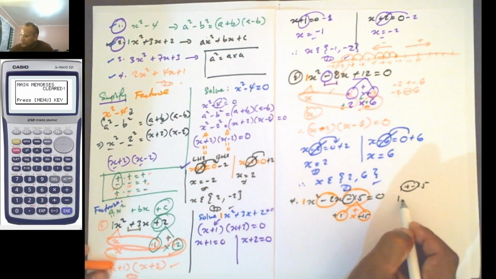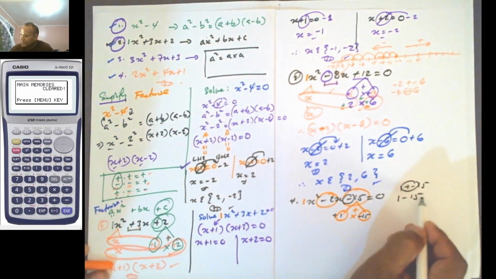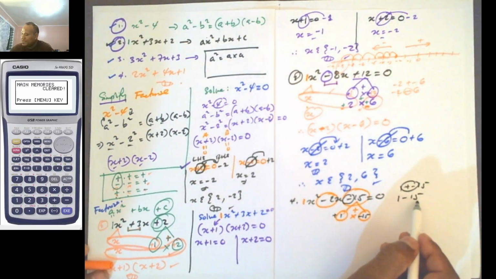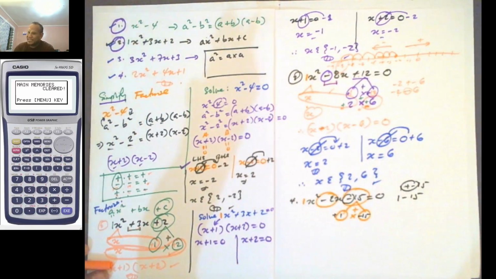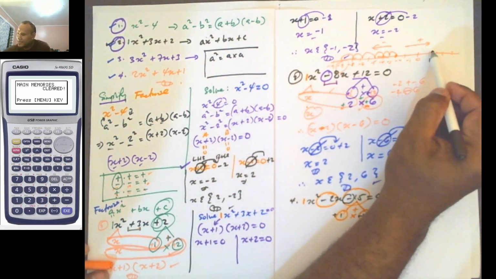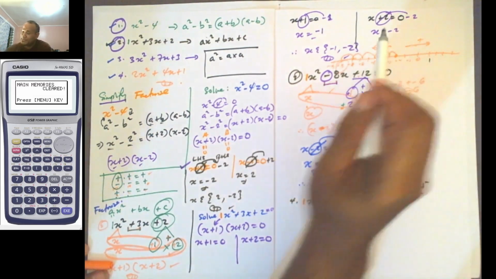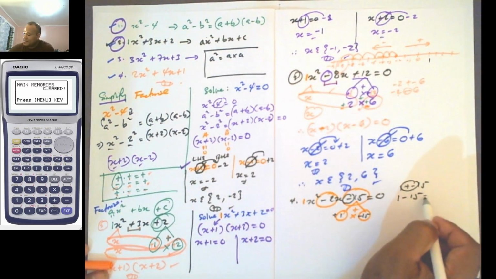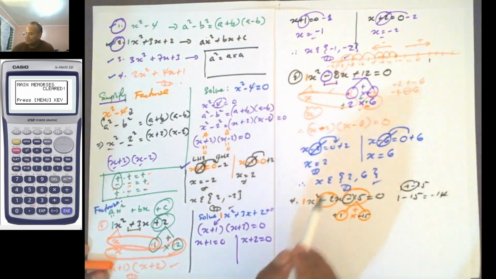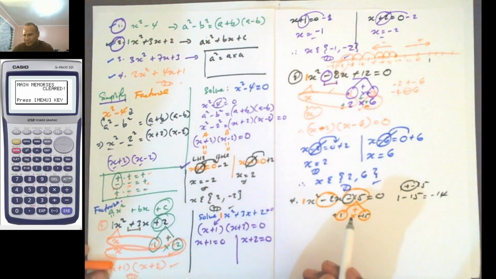So one of these two should be positive and the other negative. Add them: 1 plus negative 15 is minus 14, because I go down 15 times. Our answer is negative 14. Is this negative 2? No.